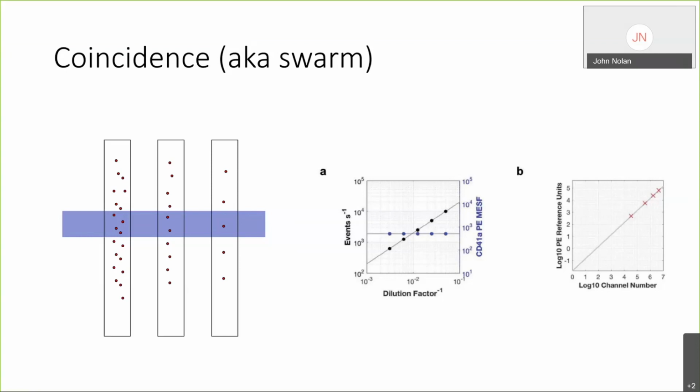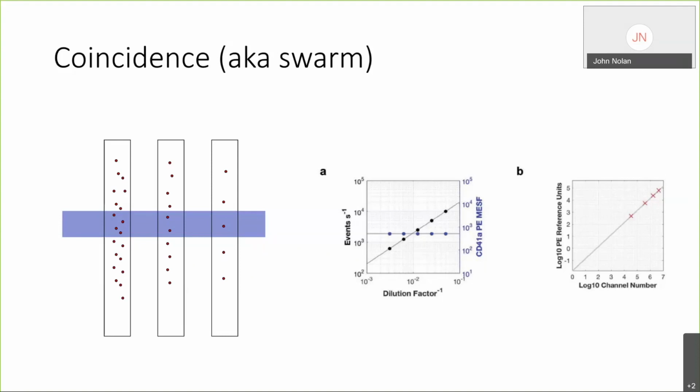And what you should find if you're truly measuring single particles is that as you dilute the sample, say in twofold steps, the event rate, particle count, should decrease in proportion to the dilution. But the brightness of the particles shouldn't change, because if you're truly measuring single particles, it shouldn't matter what the concentration is.